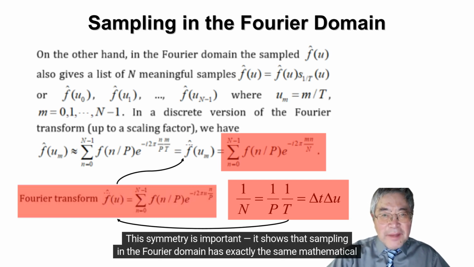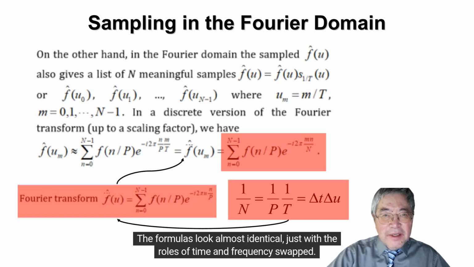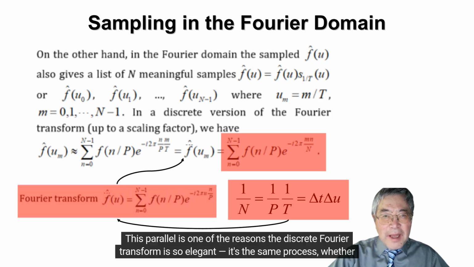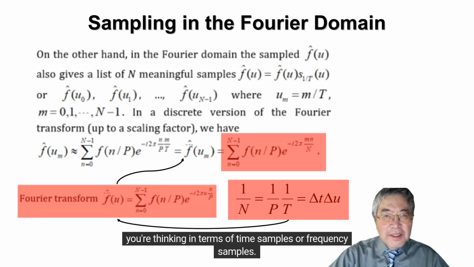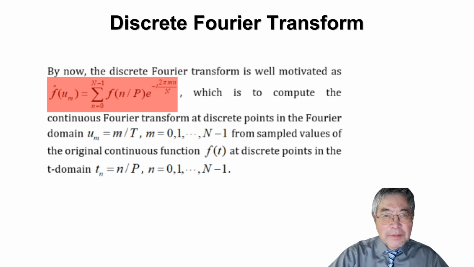It shows that sampling in the Fourier domain has exactly the same mathematical structure as sampling in the time domain. The formulas look almost identical, just with the roles of time and frequency swapped. This parallel is one of the reasons the discrete Fourier transform is so elegant. It's the same process whether you're thinking in terms of time samples or frequency samples.